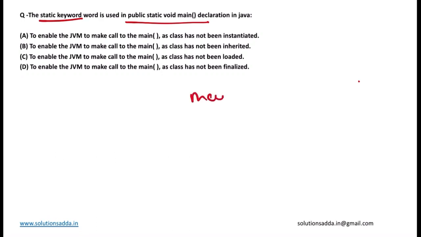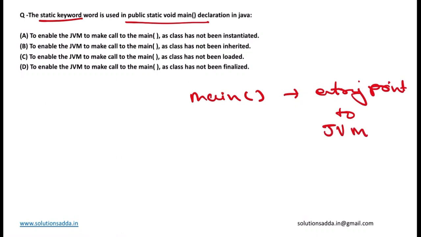What we know is main is an entry point to the JVM. JVM we all know is Java Virtual Machine. So the role of adding static to any statement, as in the statement public static void main, is to declare it as a class entity.